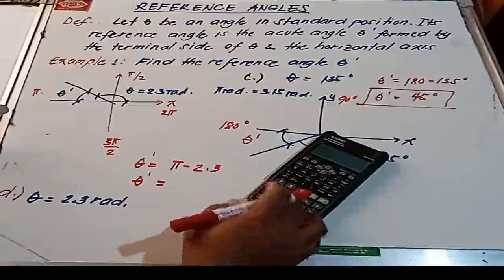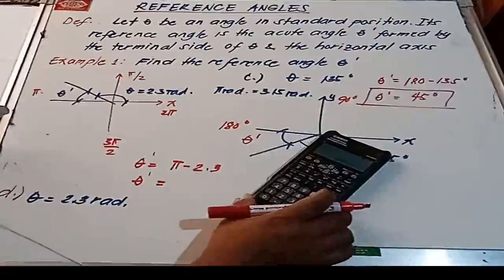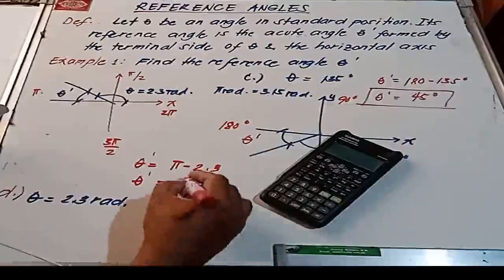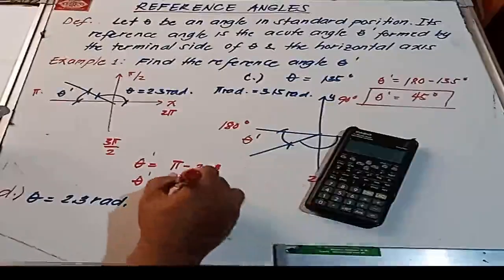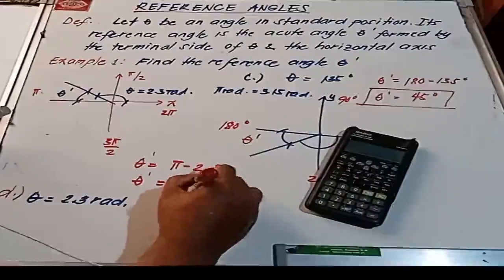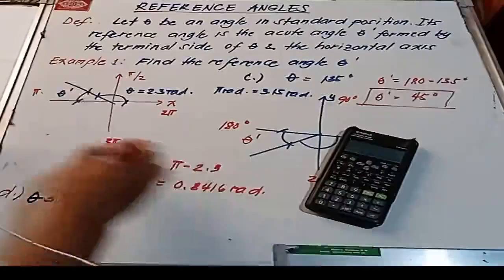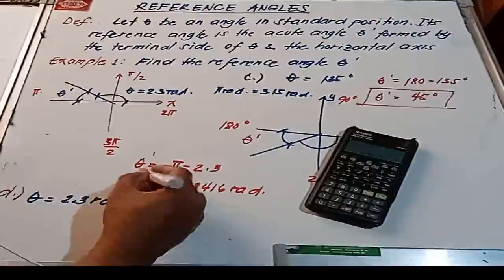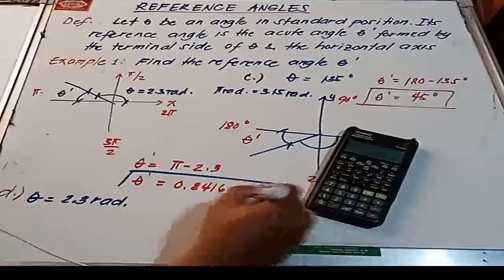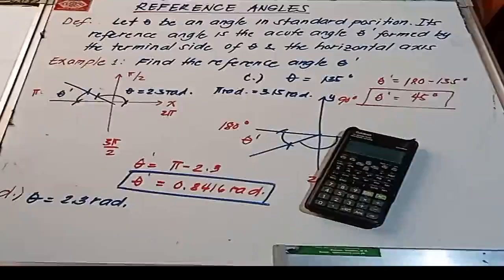Minus 2.3 equals, that is 0.8416. Kinuha ko yung 4 decimal places, 0.8416 radian. So that is our answer dun sa letter D.